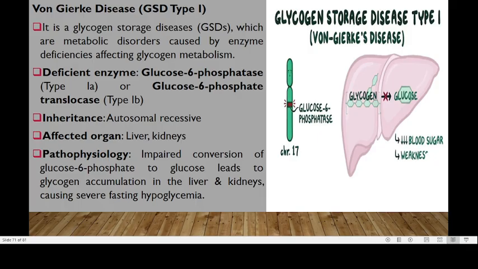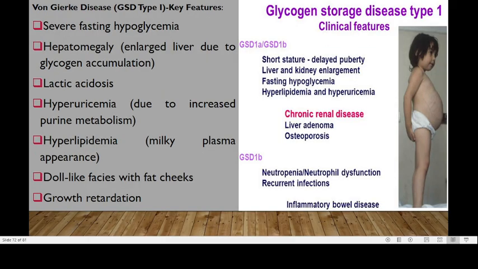It is an autosomal recessive disorder, so you might receive two defects from the father and the mother. Affected organs are majorly the liver and the kidneys, and it leads to impaired conversion of glucose 6-phosphate to glucose, leading to glycogen accumulation in the liver and the kidneys, causing severe fasting hypoglycemia.